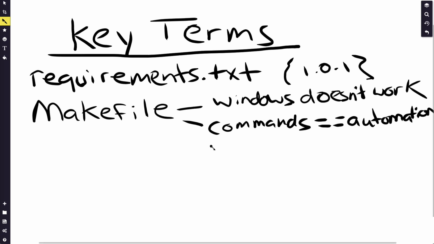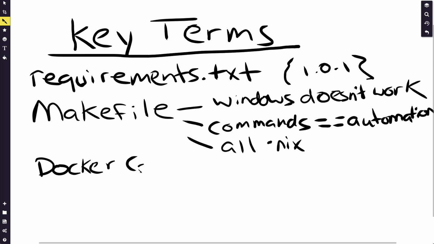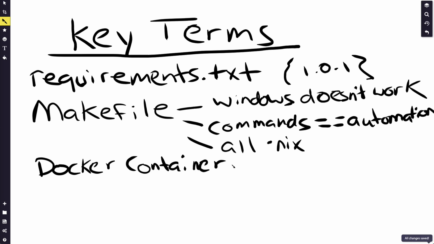And as I discussed earlier, the Makefile is available on all *nix systems, right? Basically Unix-type systems, Linux-type systems. The other key term to define is actually Docker containers. And this is also very confusing to people, for a good reason, because there are different components of it.